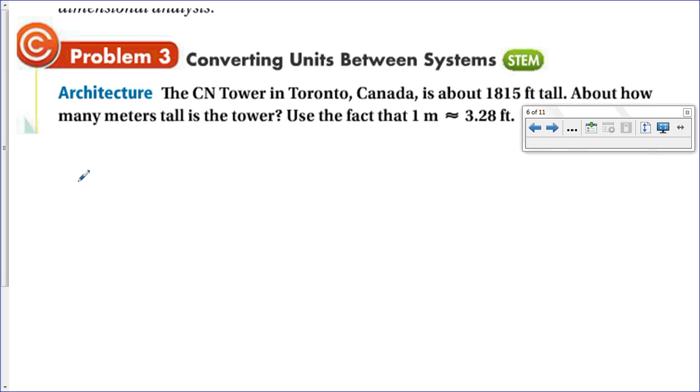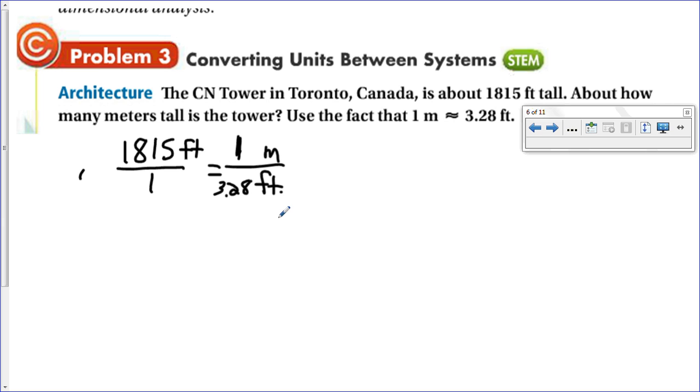Okay, so let's take the original 1,815 feet, put it over 1, equals feet on the bottom here, and I'm trying to convert it to meters. Which one is the unit? Meters, so we're going to write 1 meter. 1 meter equals about 3.28 feet.